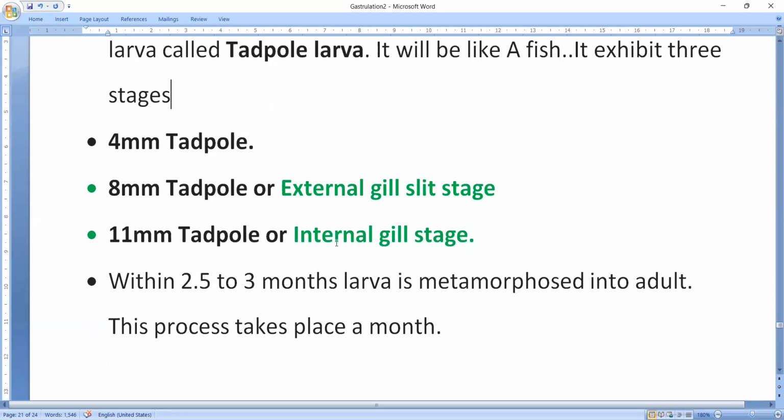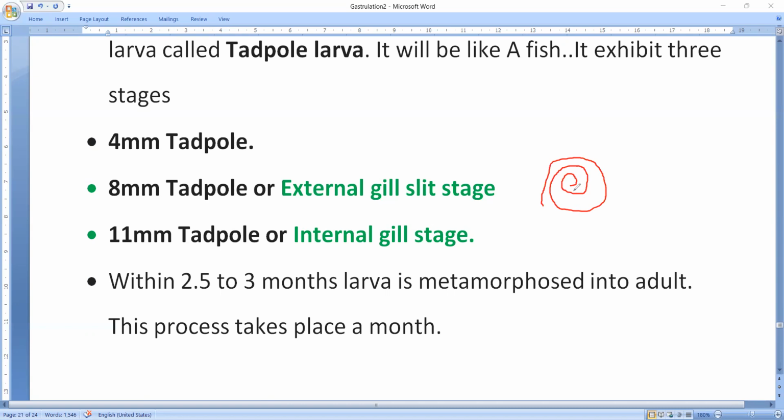The alimentary canal within the visceral area looks like a clock spring, like a spring with concentric circles, in the early stage of the tadpole.